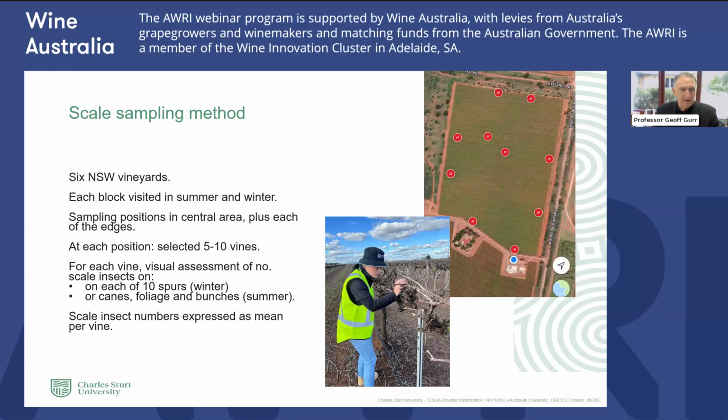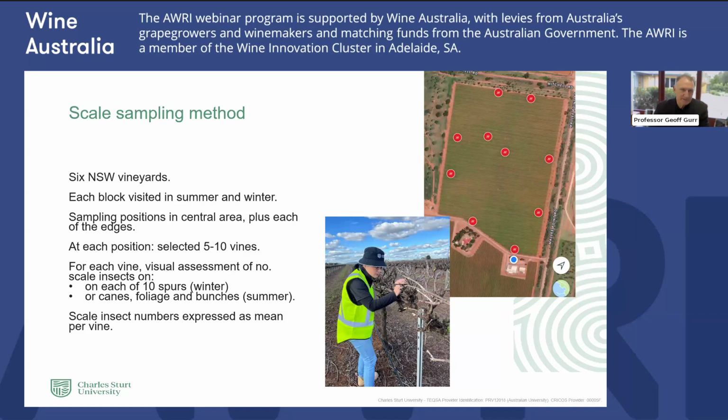All right, so let me transition now to talking about the specific piece of work that we conducted. Our scale sampling method involved 6 New South Wales vineyards, and each of these blocks was visited in the summer and the winter.